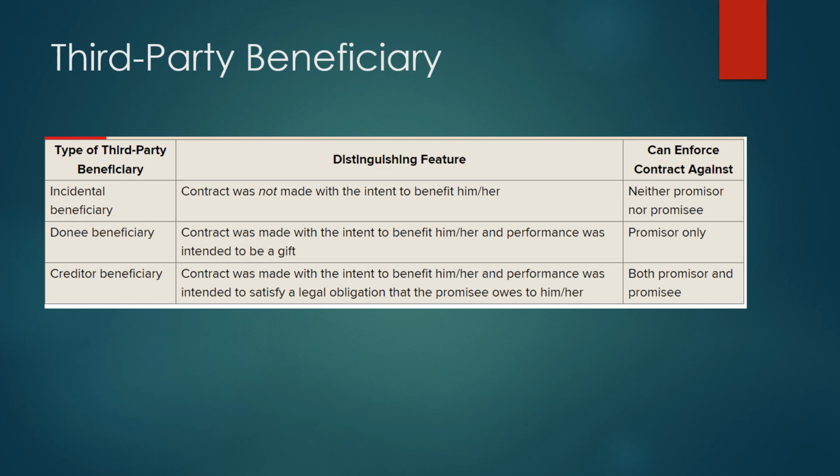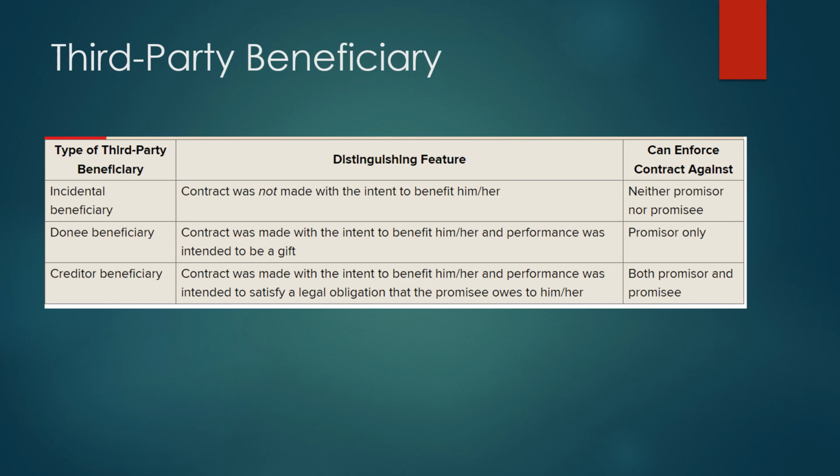If the contract was made with intent to benefit the beneficiary, and it was intended to be a gift, it's called a donee beneficiary. And the only person that you could possibly go after is then the promisor, the person who promised you the benefit. And that's going to depend on the circumstances. But in a creditor beneficiary, meaning, hey, we're going to make this contract, and the purpose of me making this contract is because I, let's say, owe you money.